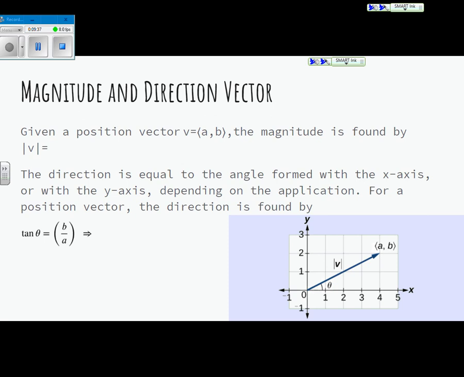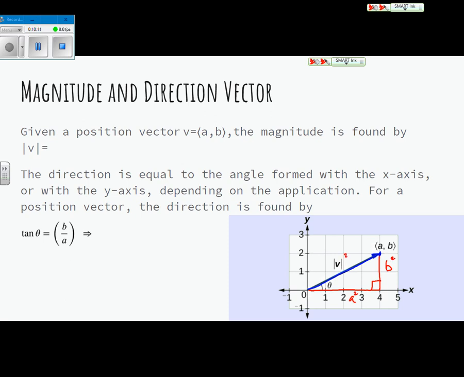And so we have some formulas to help me get the magnitude and the direction. Now remember, magnitude is going to be the length of this vector right here. And what I want to point out is that this vector, if it's in standard form, is pointing directly at this point <a, b> right here, which means I went a units to the right and b units up, which means I formed a right triangle, which means that a squared plus b squared equals c squared.